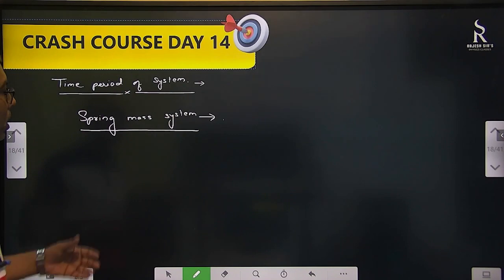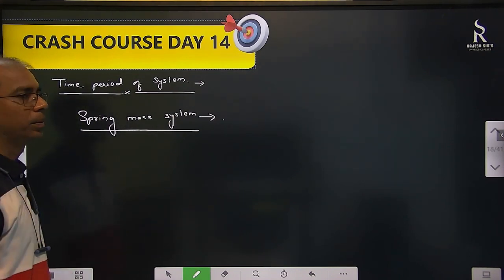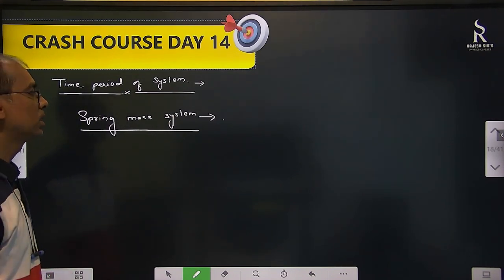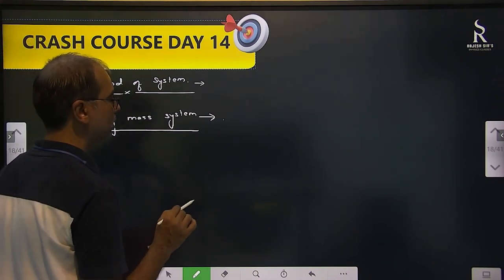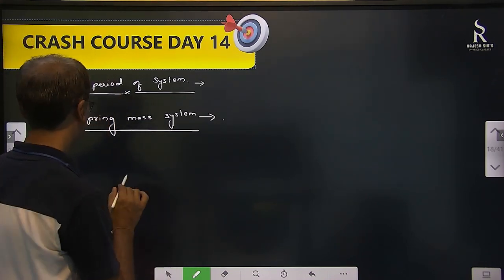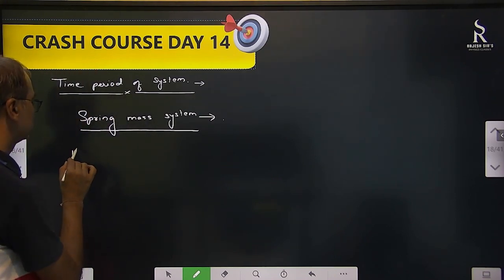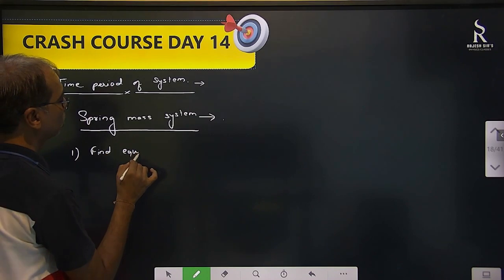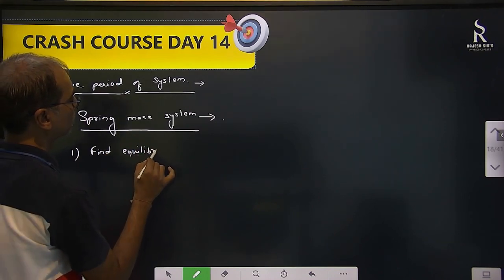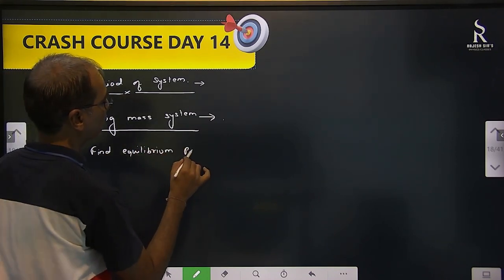There is a method through which we used to find time period. The method says first find the equilibrium position of the system. But there is a long method actually, we will not use it, but I am just writing.